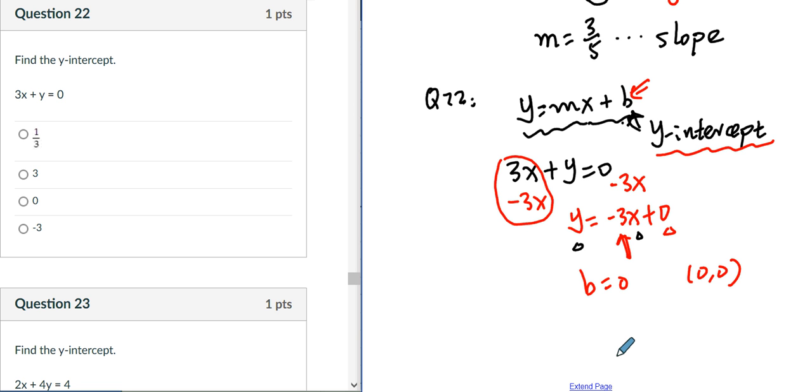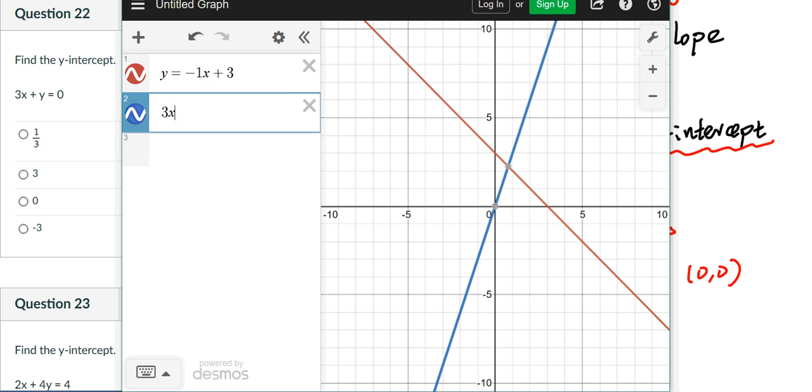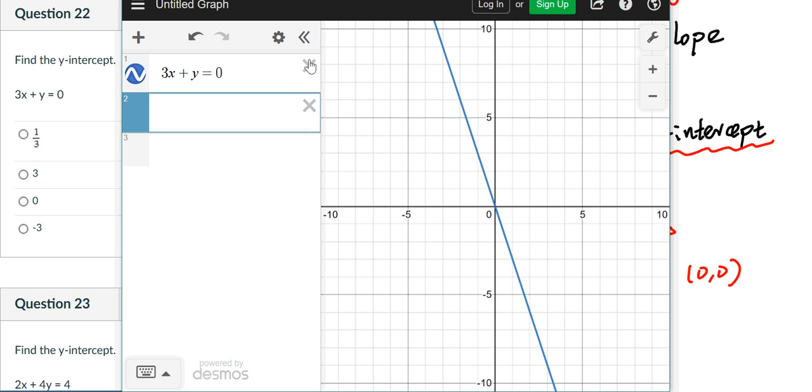You may graph this one. Let's graph it. You may put 3x plus y equals 0, and we delete this equation. So you see, this blue line goes across the origin.